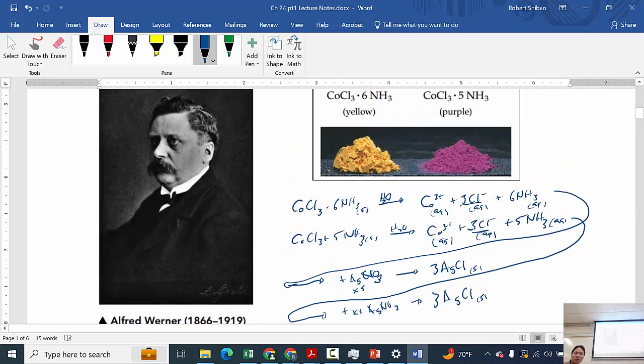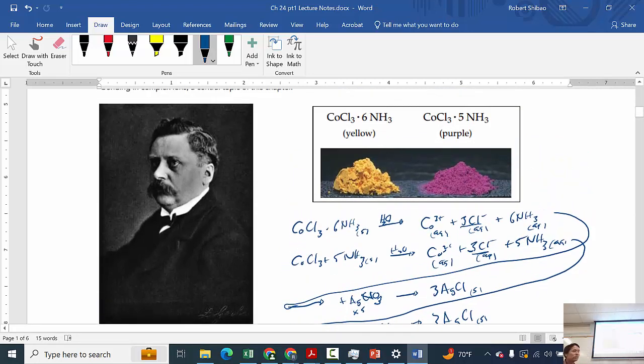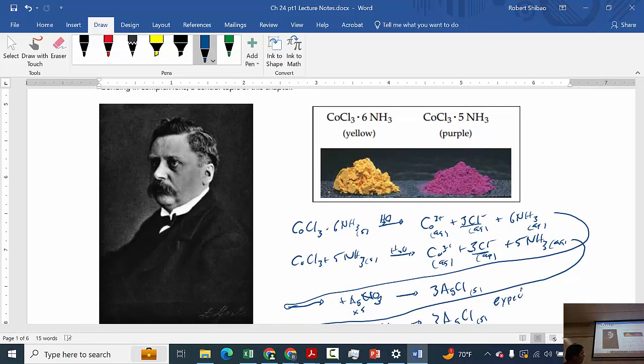But do you know what the weird thing was? This was what was expected. Do you know how much silver chloride they observed for the hexa? 3. And so as far as observed goes, this checks out.